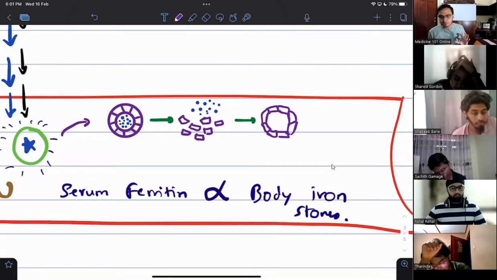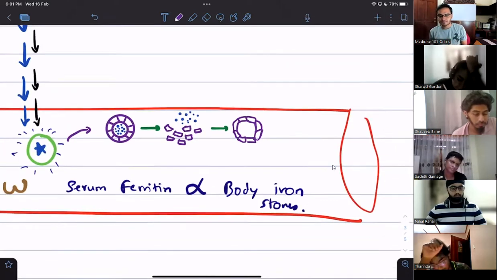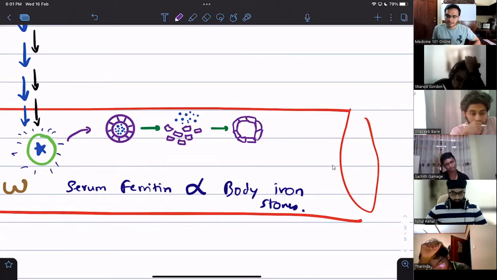This is not for our chapter today, right? But what is interesting about this? Do you all know targeted therapies, guys, for cancers and all under research? So these apoferritin molecules are highly under research these days for targeted drug therapies. Why?